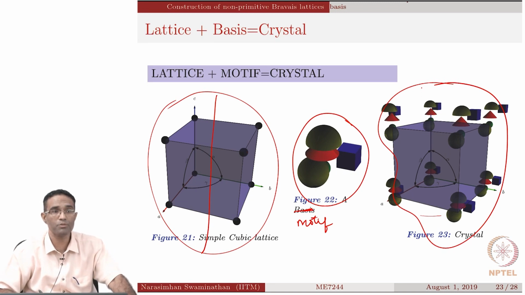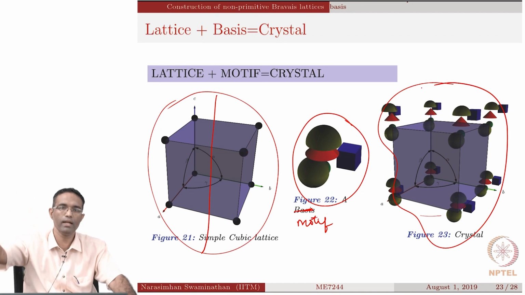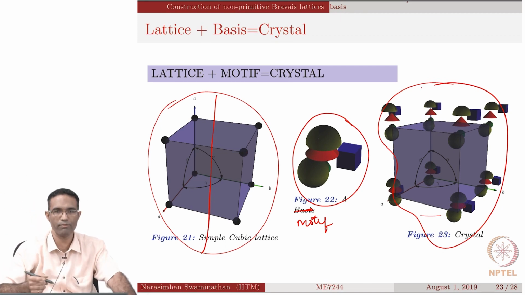Do you have any questions at this point? Yes? Is there any difference between the terms motif and basis? Yeah, I will say yes. Motif is probably the molecule that you use to put at every lattice point, and basis is something slightly different, which we will come to in a couple of slides. Sometimes they are used interchangeably also, but I want to keep a clear distinction.